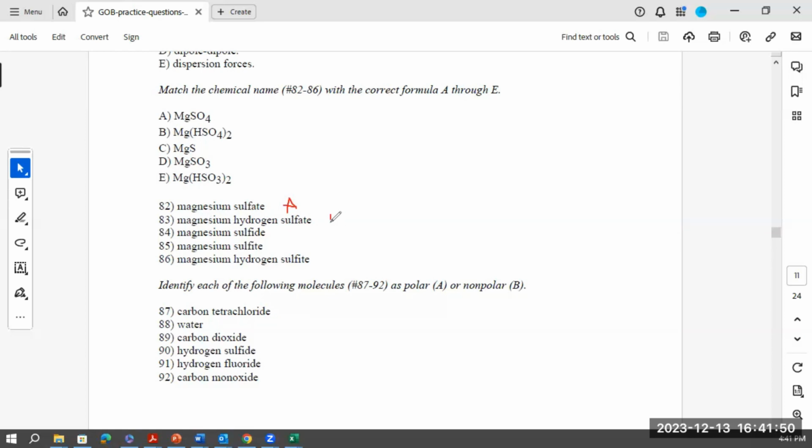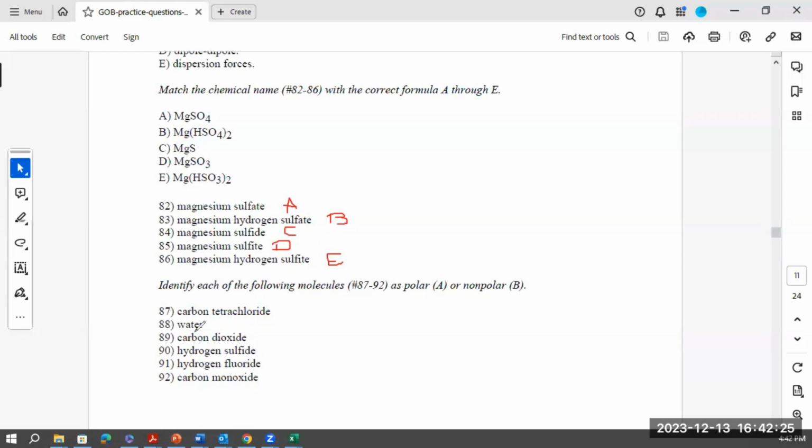B. Which one is 84? It's C, because it's sulfide, which means it's just the sulfur by itself. What about 85? D. That's right. And 86? D. Well, that was too easy. It's like all in order.